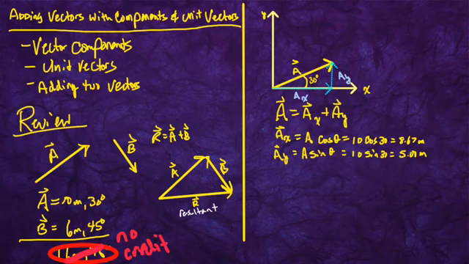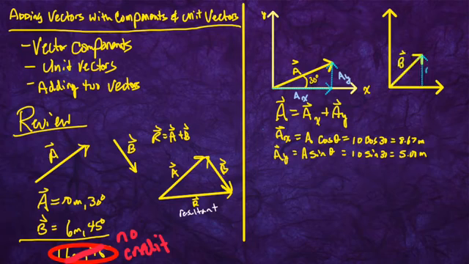All right, so we have these two component vectors of A. We've got A is 8.67 meters in the x direction and 5 meters in the y direction. This gives us a total magnitude of 10 meters at 30 degrees. Okay, now here's B. It's at 45 degrees. It has a component Bx and By.